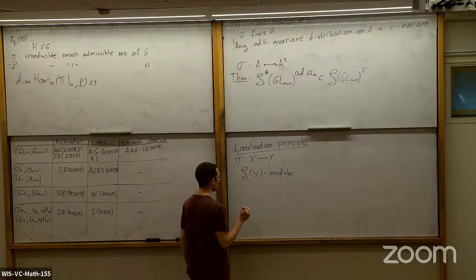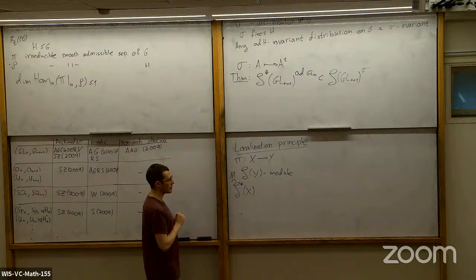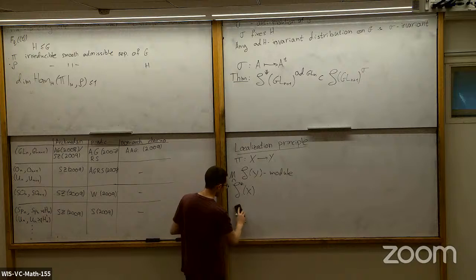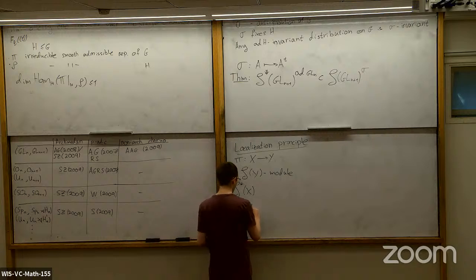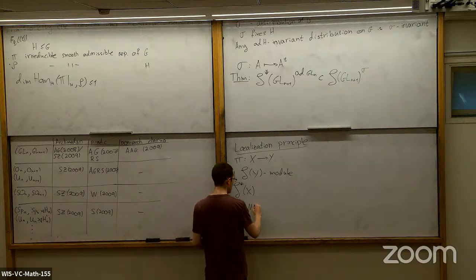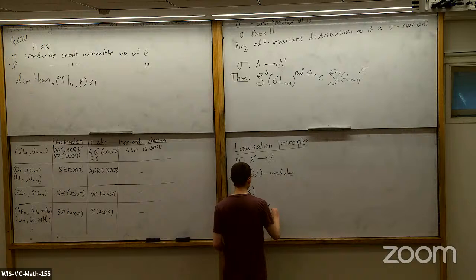Now assume that we have M inside the distributions on X, which is an S(Y)-module. Then we can write the direct sum over all points y in Y of the intersection of M and distributions on pi inverse of y.